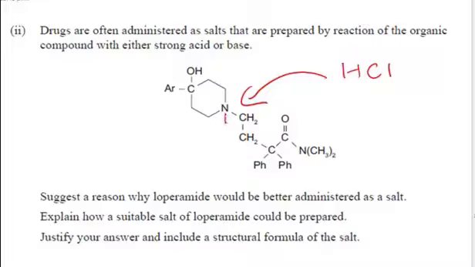So that's going to become NH, and that means there's going to be a plus there, and that plus is associated with that nitrogen. And obviously there'd be a chloride ion in solution as well. Just like any salt, if you have a solution and you were to evaporate it, you would form an actual solid crystal salt, which could then be used as a medication to administer. So that's really all you need to do in that question.